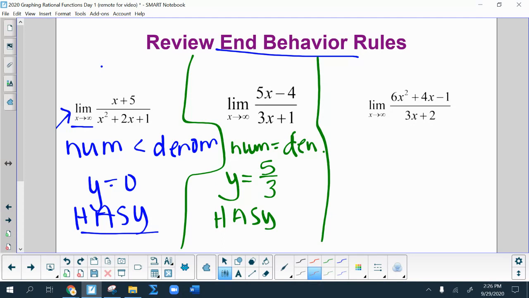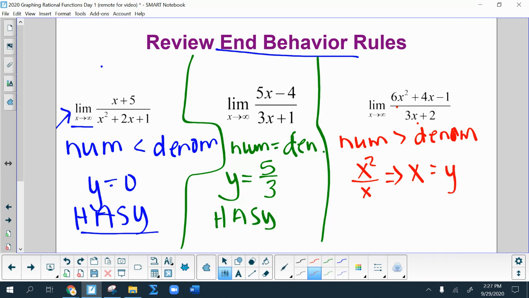Okay, this last one, we now have the highest power in the numerator is greater than the highest power in the denominator. In this case, it's 1 degree higher. That's only important because we're going to do a quick little division problem to see, again, what it's behaving like at the far reaches of the graph. So I'm taking that x squared over that x, and when I divide that out, I get something that's behaving like y equals x at the far reaches of the graph.